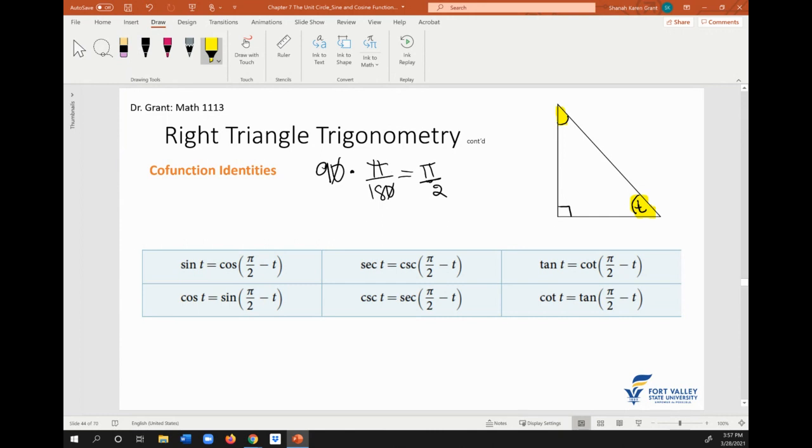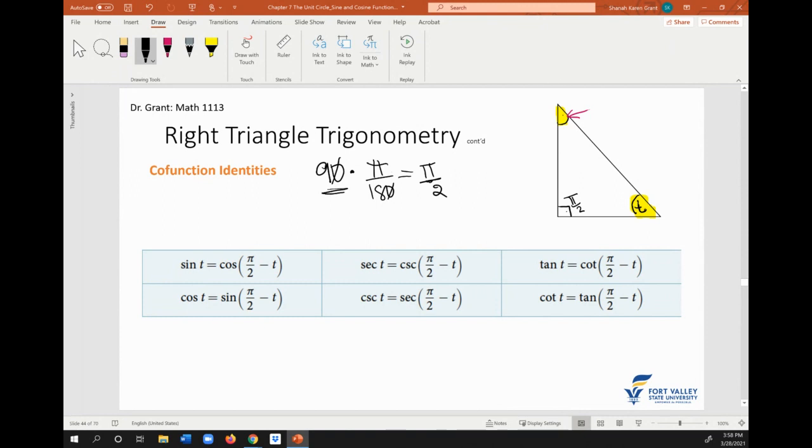So if I wanted to find this angle in terms of what we have here, so this is pi over 2, then it's going to be 90 minus t, because we know that these two angles must sum up to 90.